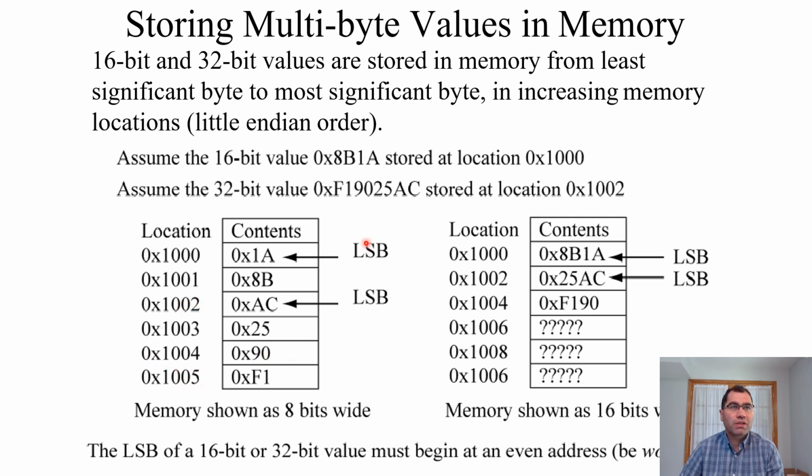This is memory shown 8-bit wide, and here memory shown as 16-bit wide. These two things are exactly the same, but shown 16-bit wide, an address location includes both 1000 and 1001, and then the next location is 1002, which includes 1002 and 1003.